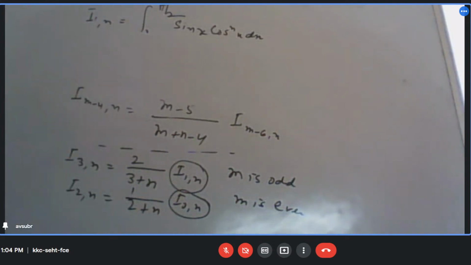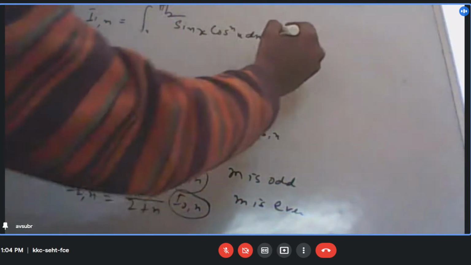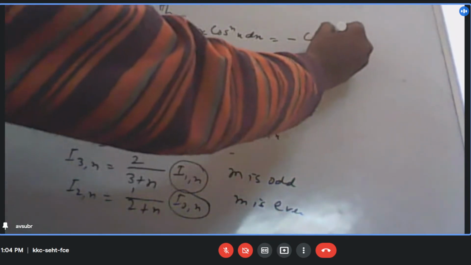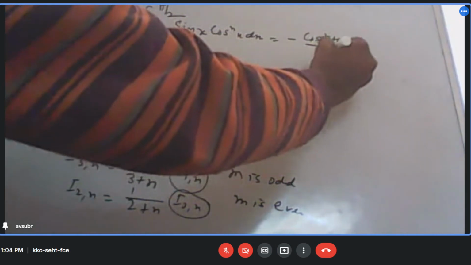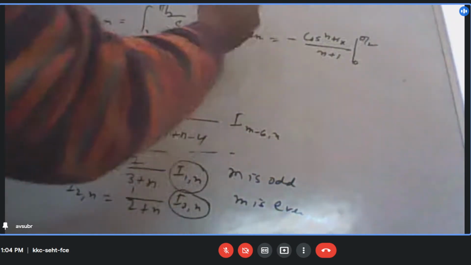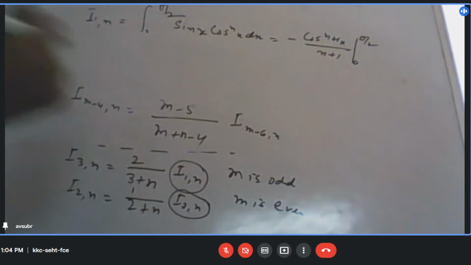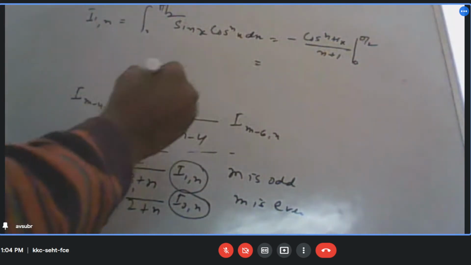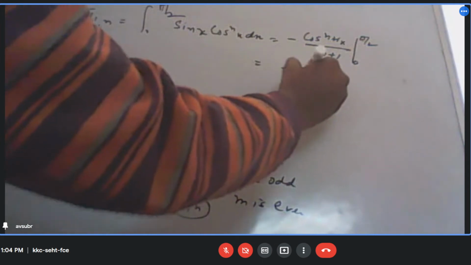Is it or not? Yes, sir. So this will come out to be equal to minus cos to the power n plus 1 x by n plus 1, 0 to pi by 2. When we solve it, we will get this and this will be equal to 1 by n plus 1.